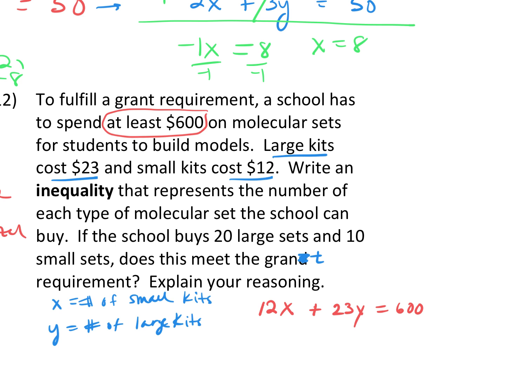So this grant, in order to get the money, we had to agree, yes, we will spend at least $600 on these molecular sets. So we don't want equal 600 because it's not exactly 600, it has to be at least. So what inequality would represent at least? At least means that 600 is the least that it can be. So we're looking for a greater than or equal to $600.